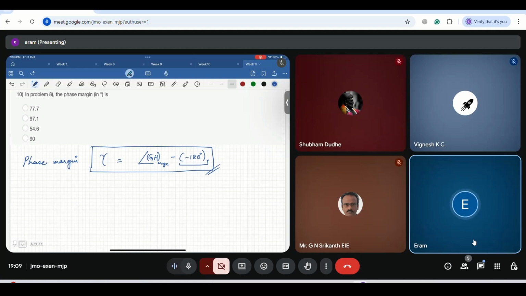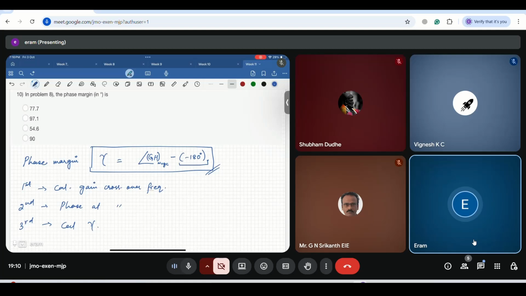So you have to first calculate the gain crossover frequency, then calculate the phase at gain crossover frequency, then calculate gamma.